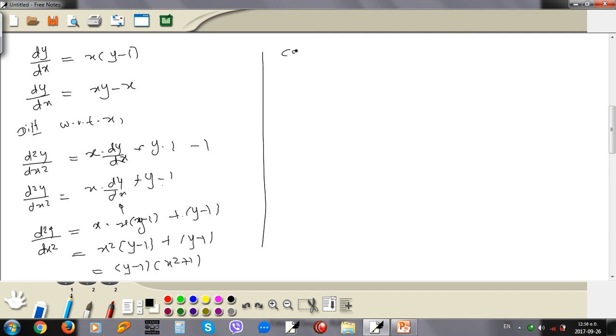Now, how can we determine the concavity? If the second derivative is greater than 0, that is concave up, it means convex, and the graph looks like this, it has a minimum.